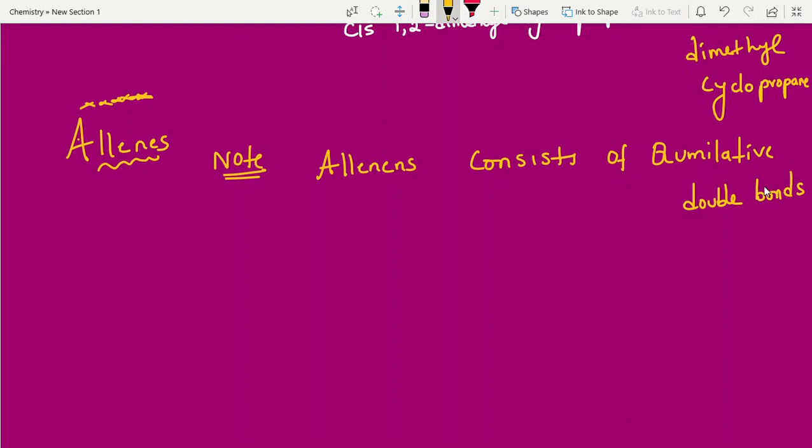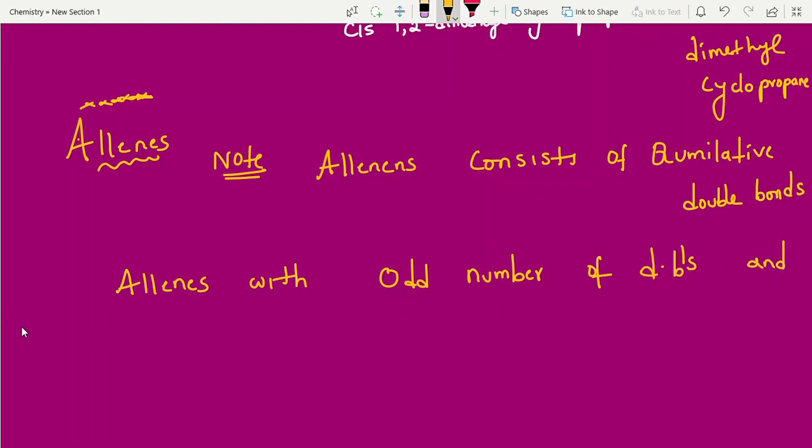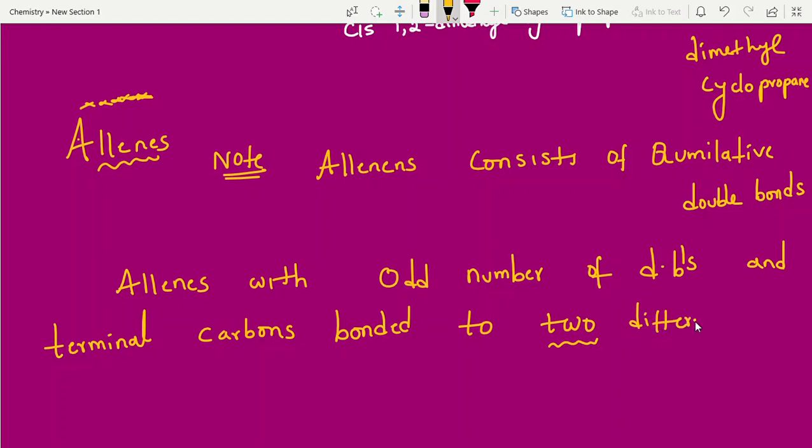Allenes with an odd number of double bonds, and terminal end carbons bonded to two different atoms or groups, exhibit geometrical isomerism.